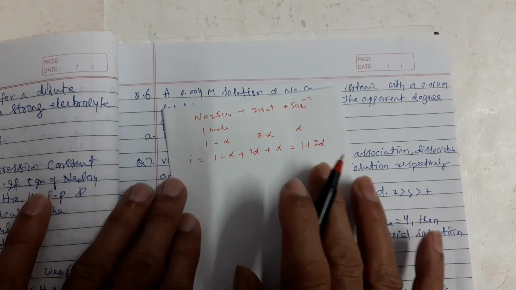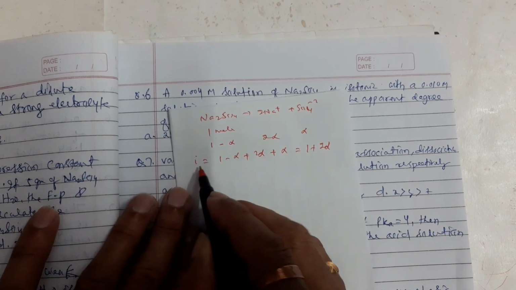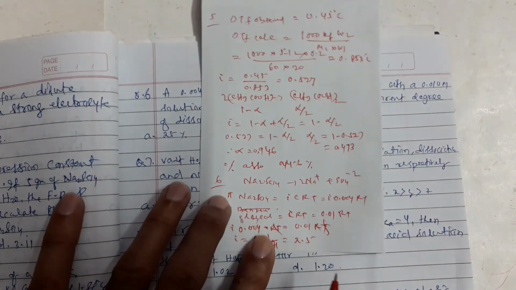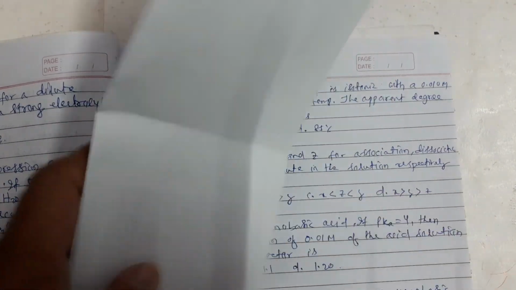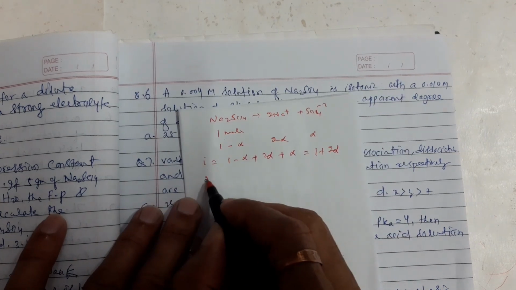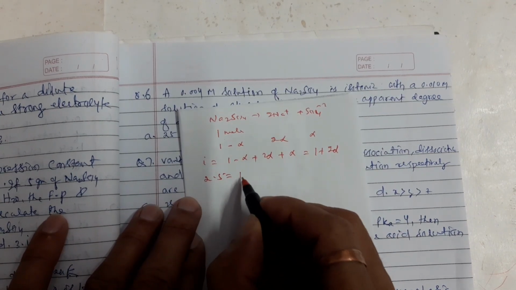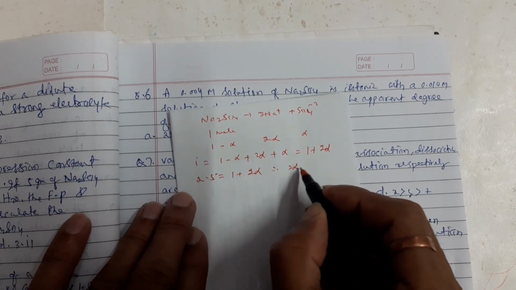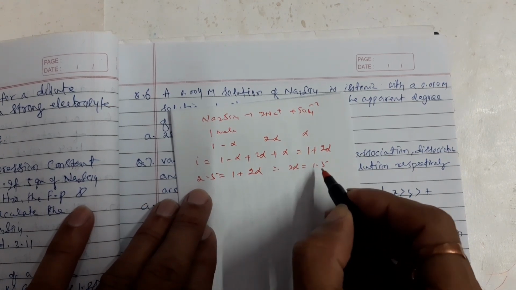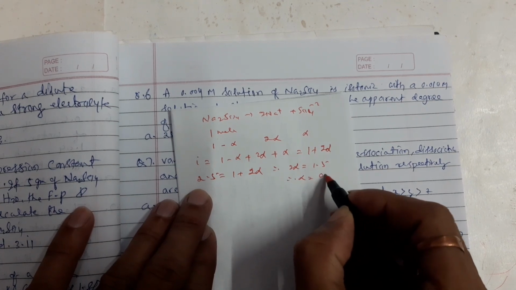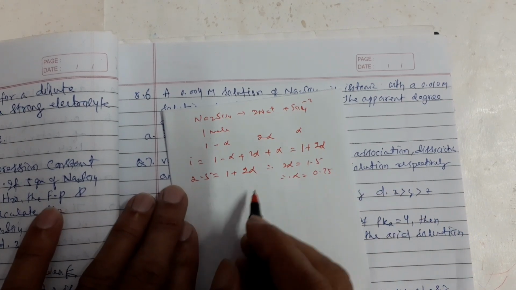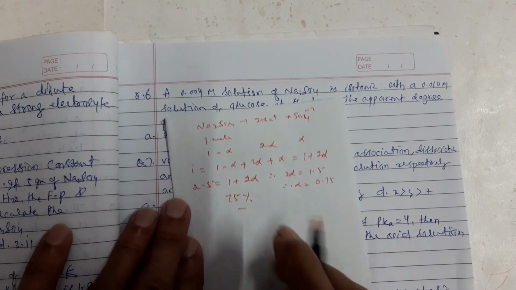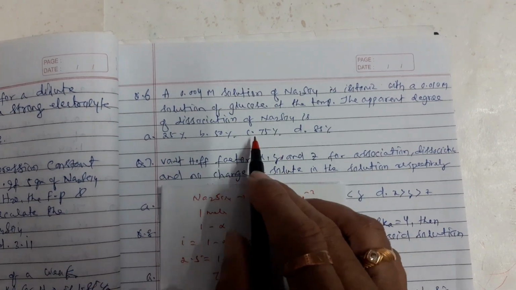But what is the i value you are calculating here? The i value is 2.5. So 2.5 is equal to 1 plus 2 alpha. Therefore 2 alpha is equal to 1.5. Therefore alpha is equal to 0.75. Then percentage of dissociation is equal to 75%. So which one is correct? C is the correct answer.